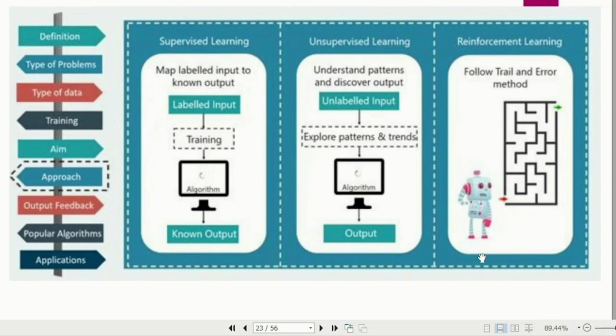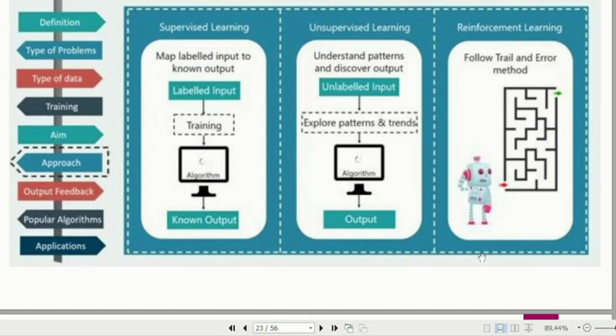It has to explore the patterns, trends, and features with the help of algorithms to predict a particular output. Now here comes, at the most right side, reinforcement learning. They totally follow the trial and error method, and it has to go through the experiences, and the approach for reinforcement is the trial and error method.